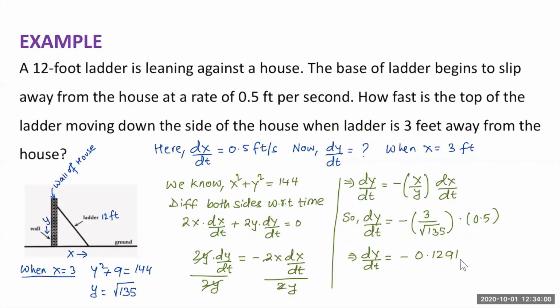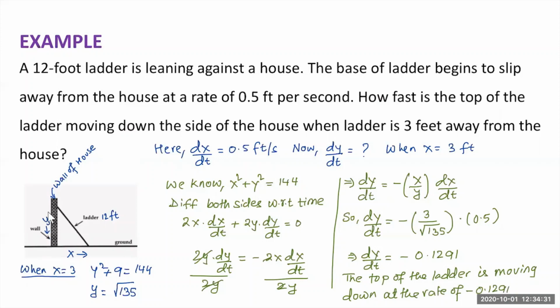So we can say our question was, how fast is the top of the ladder moving down? So we say the top of the ladder is moving down, that is negative, at the rate of negative 0.1291.